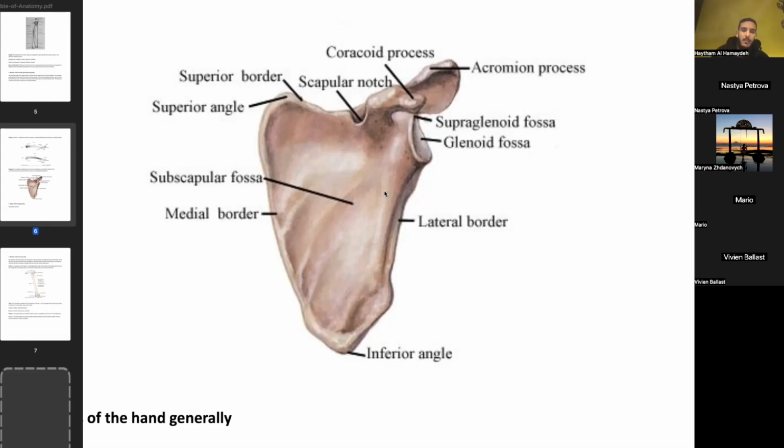Okay, hint. This is always lateral, yes? What's the surface that you see here? Posterior? Or costal. Yes, this is the costal surface. It's not posterior because the posterior surface is the side of the spine, right?